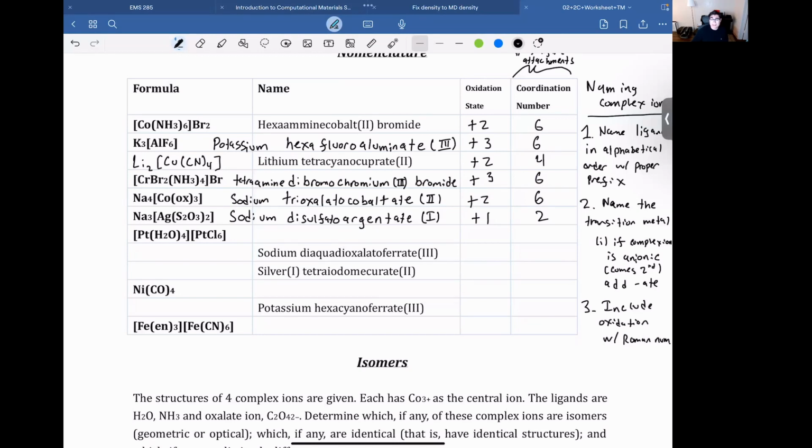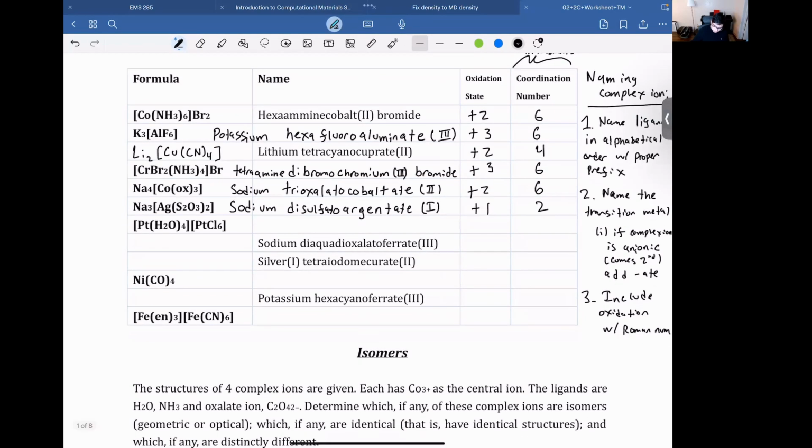I recommend memorizing just the polydentates. So I think it's ethylenediamine, oxalate, and then maybe EDTA you have to know, and then everything else is a monodentate. But again, just be careful with certain assumptions you may be making if you take a test or something. All right.